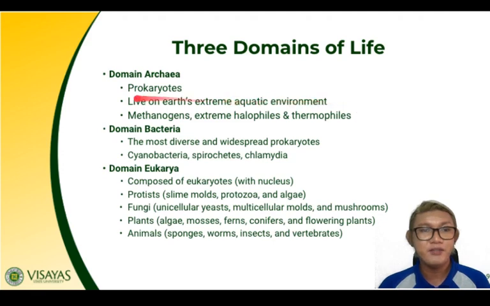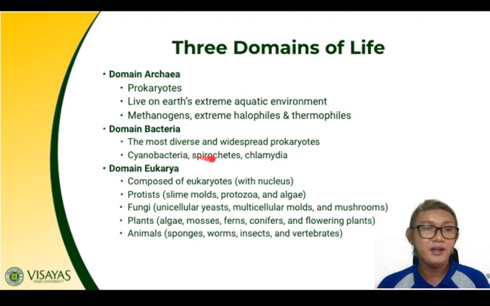So examples of these are the methanogens, the extreme halophiles, and the thermophiles. Thermophiles are those that prefer very hot environments. Extreme halophiles are those that prefer very salty environments. Methanogens are methane-producing microorganisms.